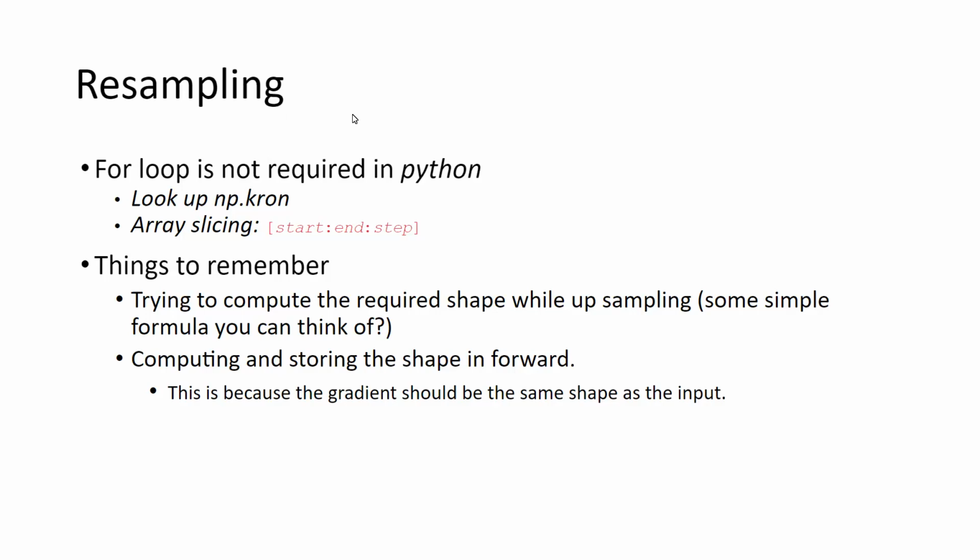So for resampling, there are two ways. We can either use np.kron, which computes the Kronecker product between two matrices. I would suggest that you look up the NumPy documentation to learn more about it.